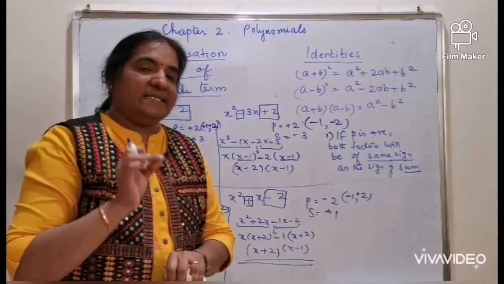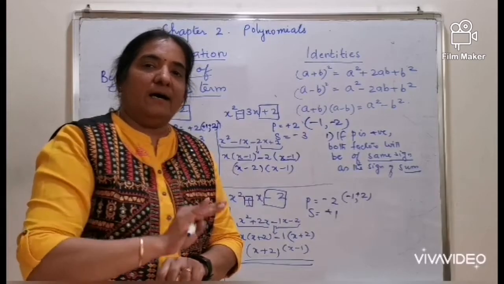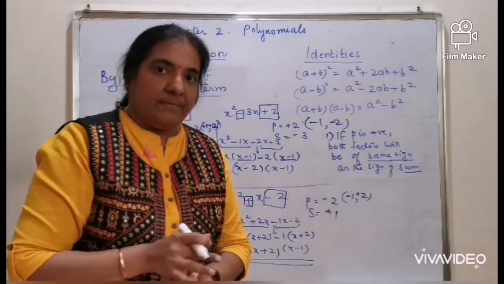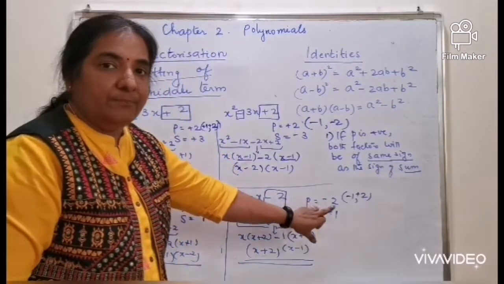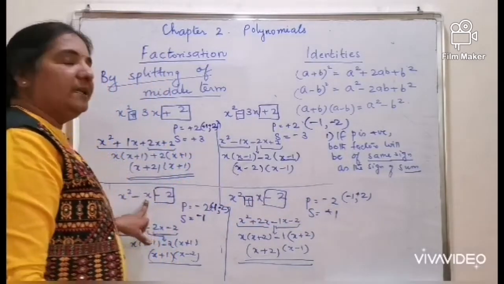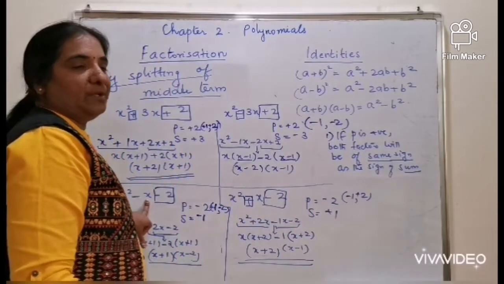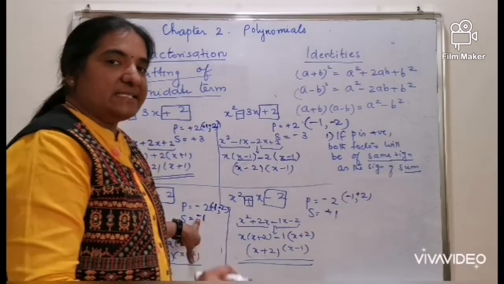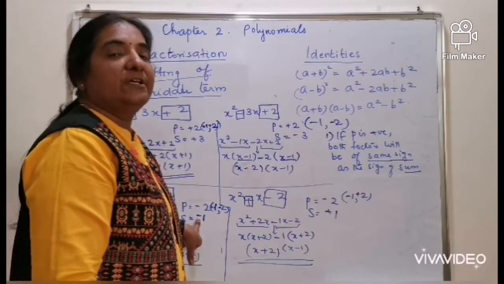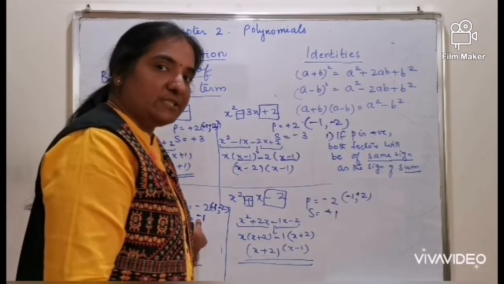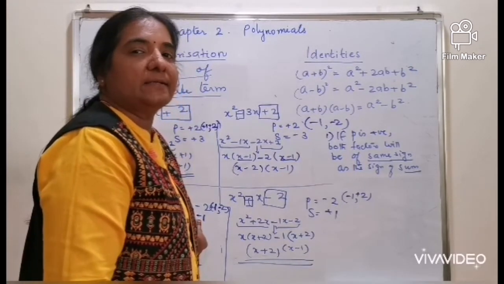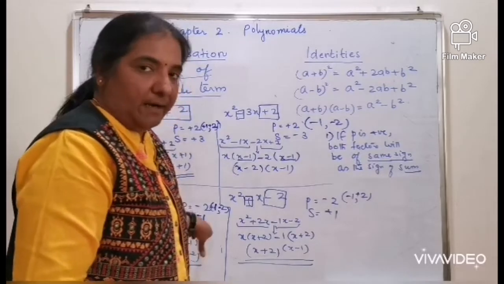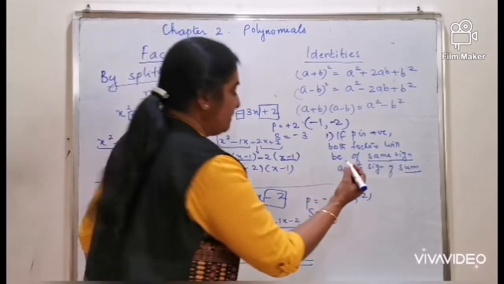When the product is negative, the factors are of unlike sign. The greater factor will have the sign of the sum, whatever be the sign for the sum, and the other factor will have the unlike sign.